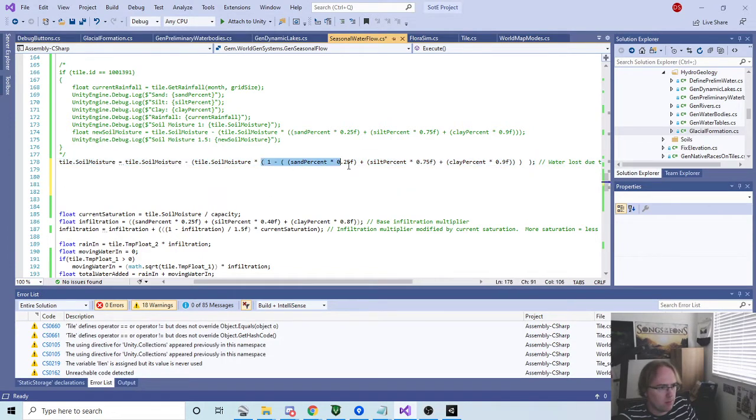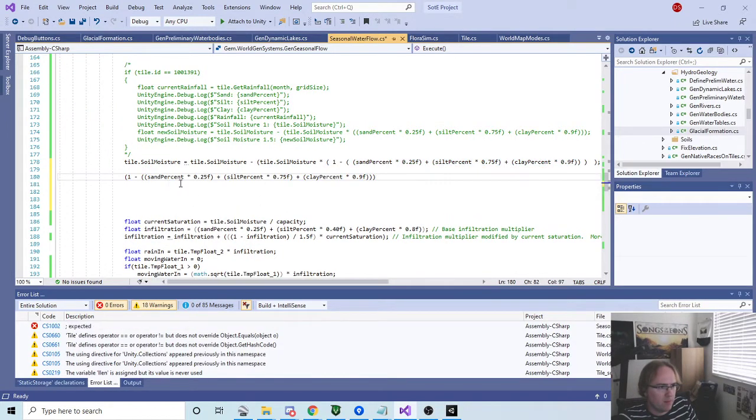Difference of that value. Sand percent. Oh, you know what?